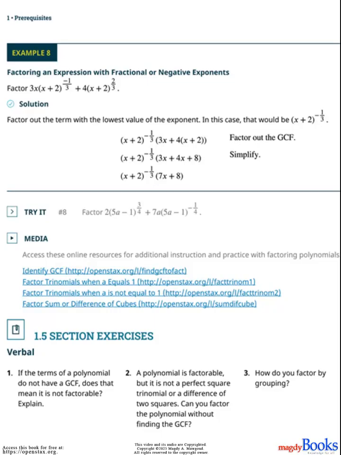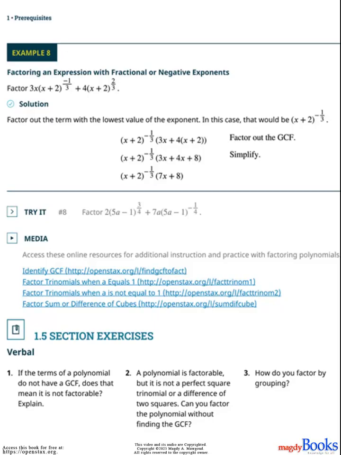In this case, that would be (x plus 2) to the power of negative 1/3. (x plus 2) to the power of negative 1/3 multiplied by (3x plus 4(x plus 2)).